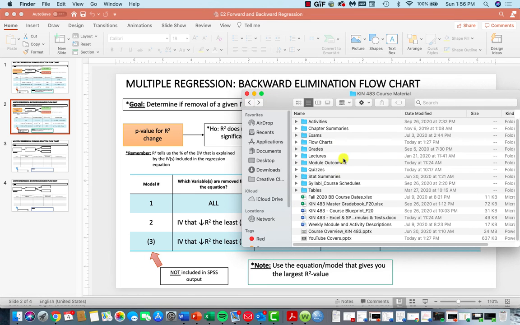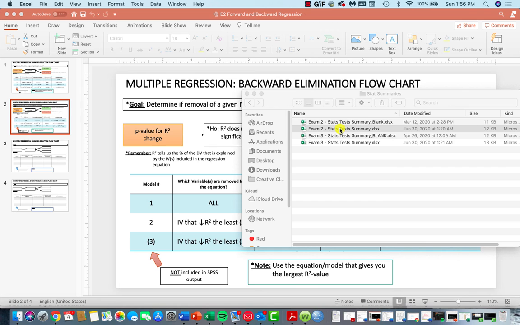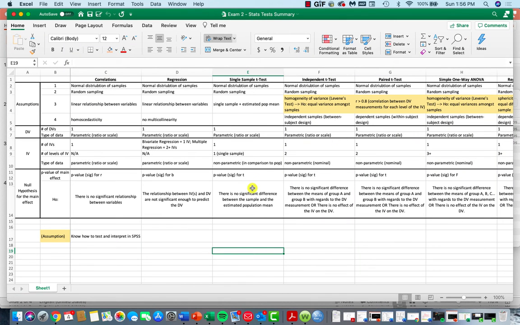Additionally, you guys have a stat summary. So I'll put a blank and a filled out one. They're already on Beachboard, but I think this, for organizational people, if you're not as visual with the flow of stuff, I think this is a good alternative for studying.